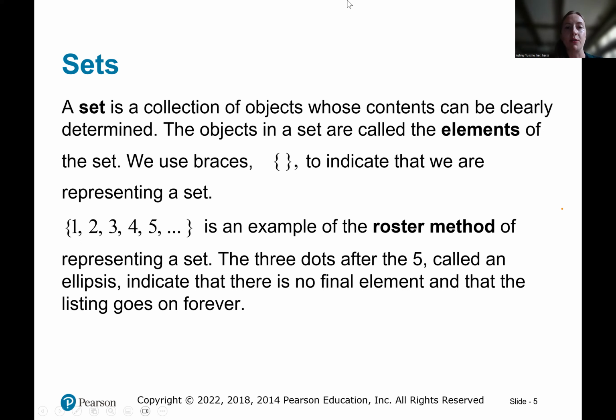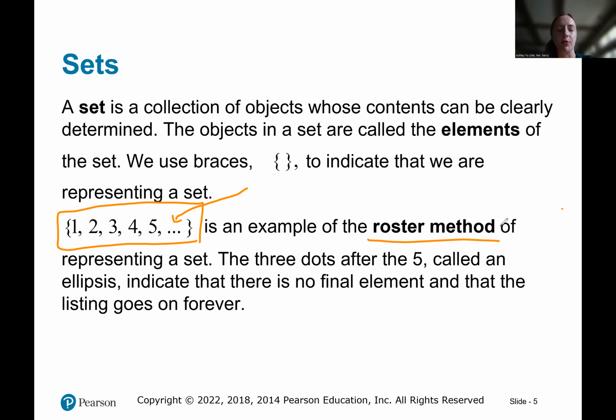Another way to represent an infinite set is to see how in this set they have the numbers 1, 2, 3, 4, 5, but they don't end it there. They have this dot, dot, dot. That's called the roster method of representing a set. The 3 dots represent that this goes on forever. There's no last element. This is going to be 1, 2, 3, 4, 5, all the counting numbers.